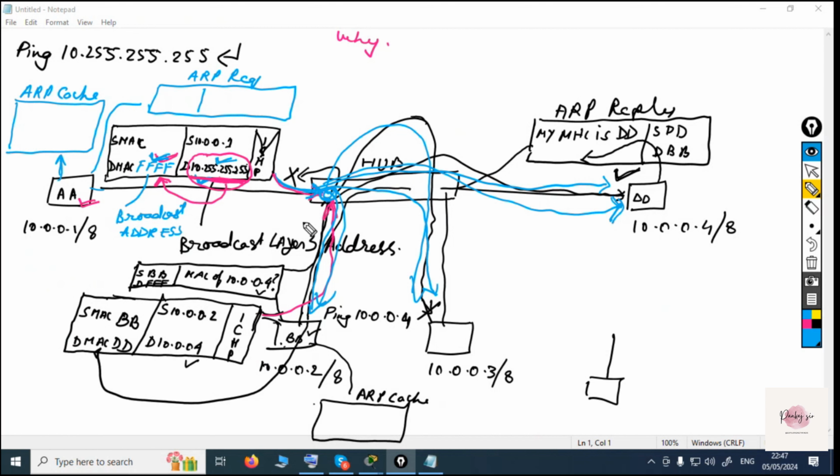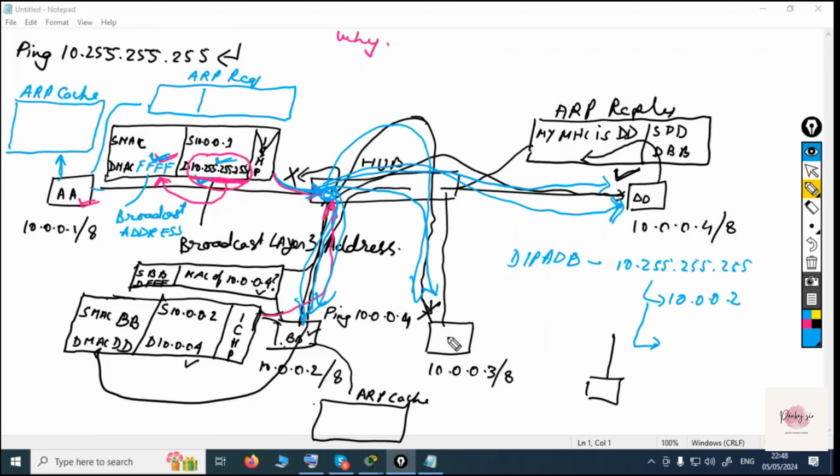But what happens here? This device sees that the destination IP address is 10.255.255.255. So I am also part of this group. I am 10.0.0.2, so I am also part of this group.